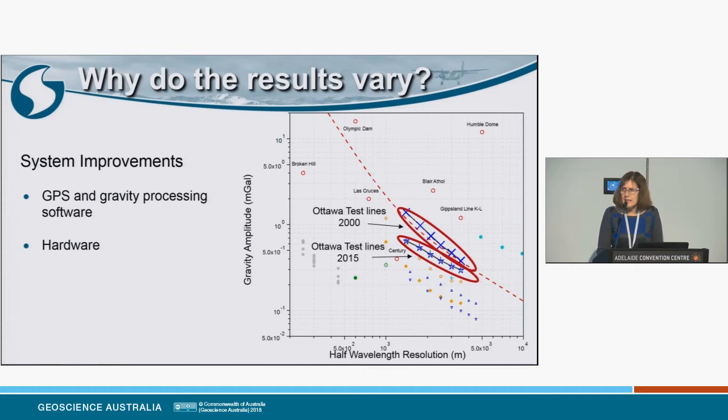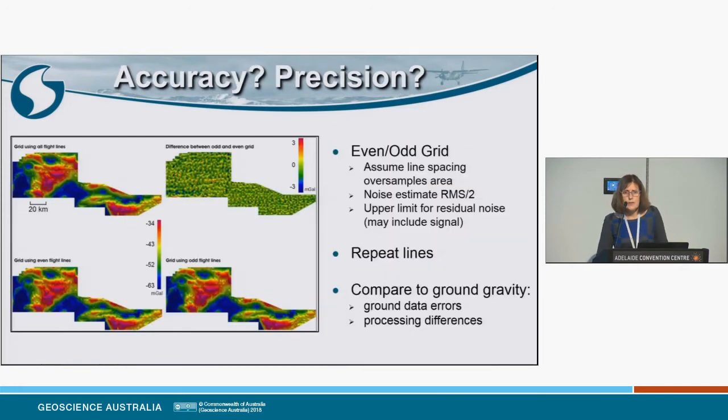We've flown that test line now somewhat over 250 times. The bottom one is the results, at the same resolution, from when we flew it last year in 2015. So you can see a small improvement there in accuracy.